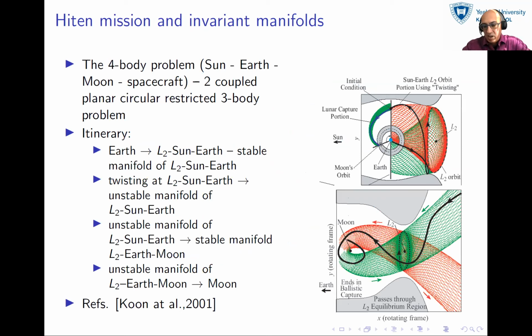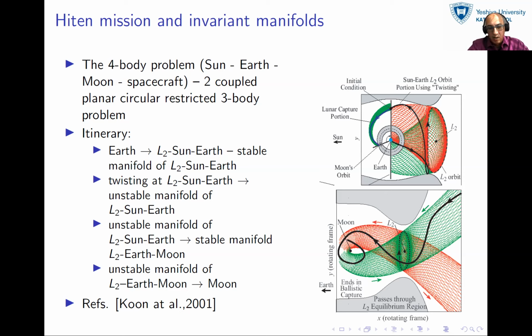So, and now I can go back to this picture. This is the trajectory of the Japanese mission Haiten, and this can be explained using invariant manifolds, using stable and unstable manifolds. In fact, this is a bit more complicated because you are dealing with 4 bodies: Sun, Earth, Moon, and spacecraft.